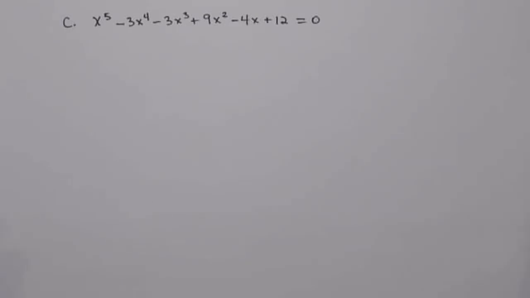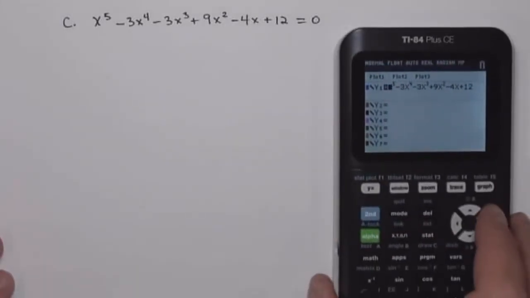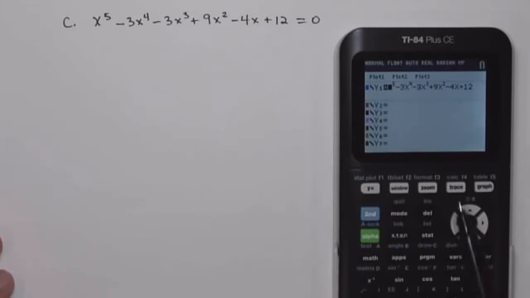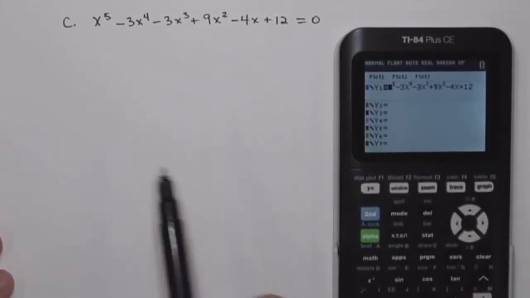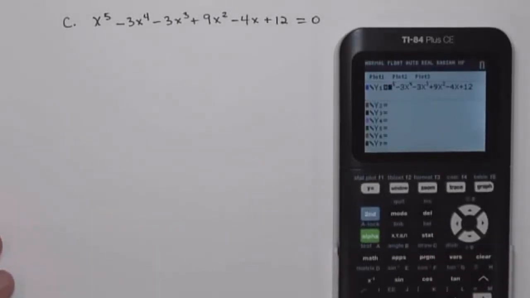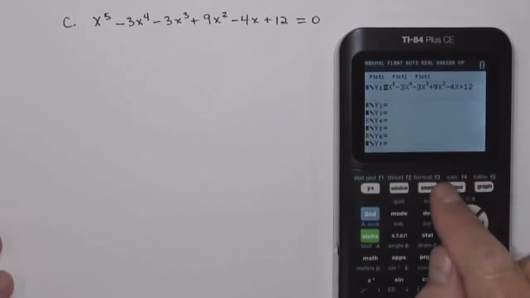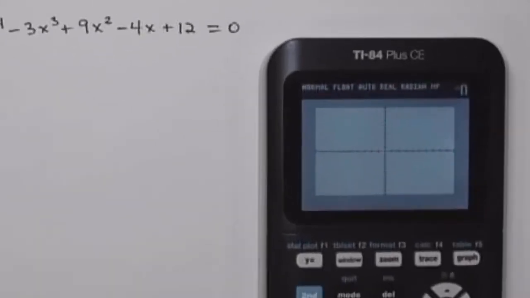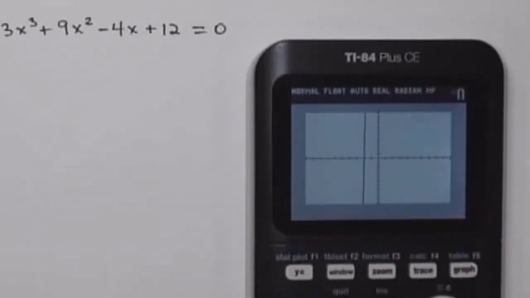So as I did in our previous example, I'm going to help move things along a little bit. If I look at the graph of our polynomial function, that will help me determine which of our possible zeros to check. So I'm going to look at the graph. I'm going to do a zoom 6. And so here is the graph of our polynomial function.